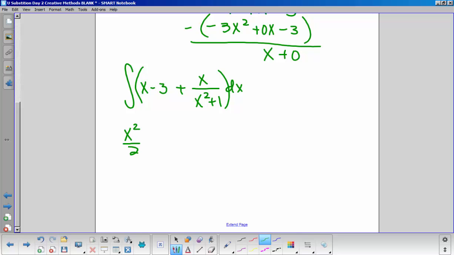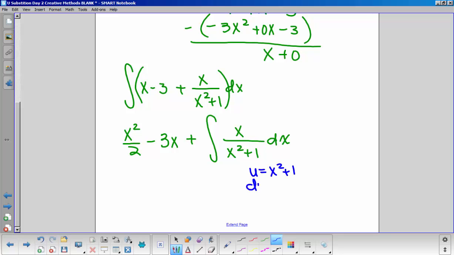X squared over 2 minus 3x plus, now this one's going to take a little bit of work. Why do I suspect U-substitution here? Do I see somebody's derivative up here? Whose derivative is that? X squared plus 1 actually, right? So we can let u equal x squared plus 1. Du equals 2x dx, which I don't have the 2.